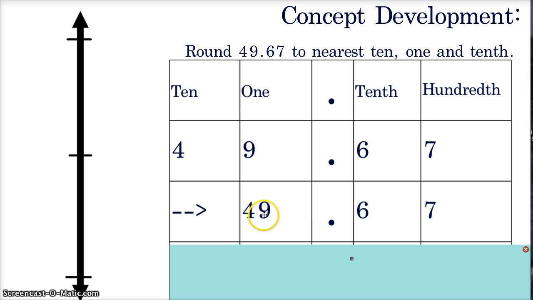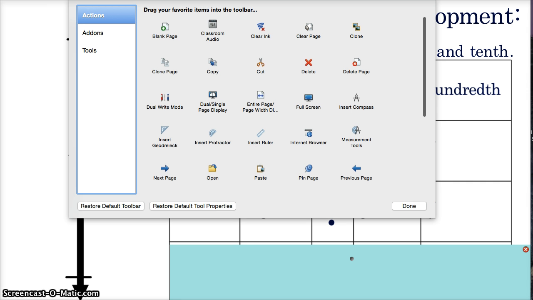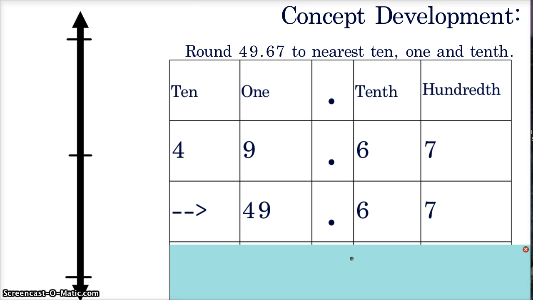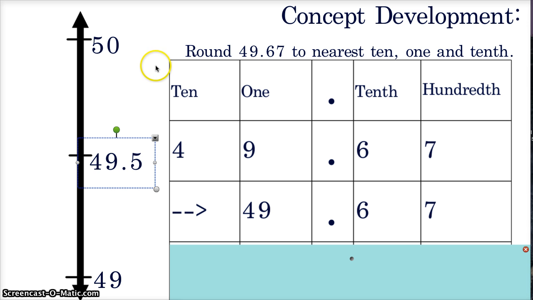So 49 is going to be my low number. I put that at the bottom of my place value chart, my vertical number line. 1 more than 49 is 50, and then I'm going to find my midpoint. My midpoint would be 49.5, and remember this is ones that we're dealing with.